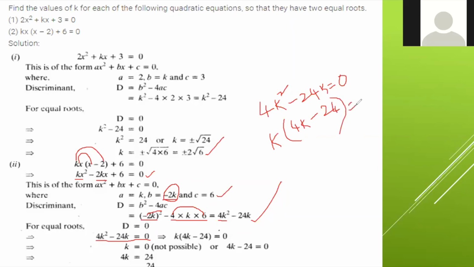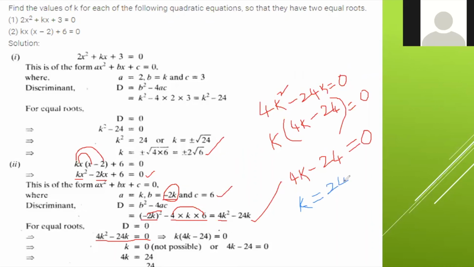That means you can say k is equal to 0, however you are not concerned with that. Take this value: 4k minus 24 equal to 0. So 4k is equal to 24. k is equal to, what will come, children? 6. 24 by 4.